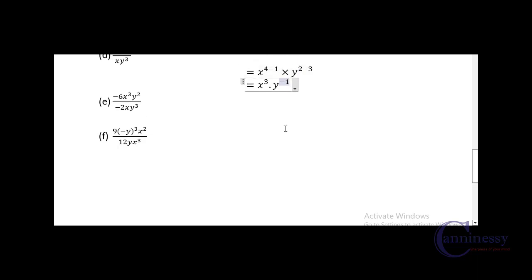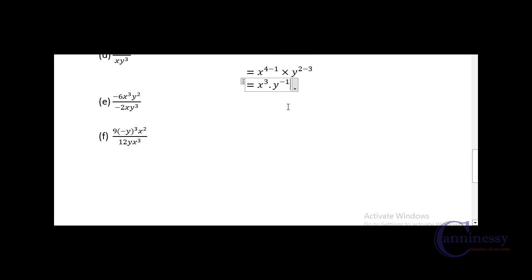Then multiplied by y to the exponent -1, right? Okay, I've told you in previous examples that we don't leave exponents in the negative form.